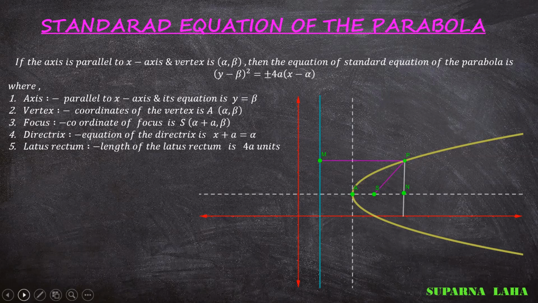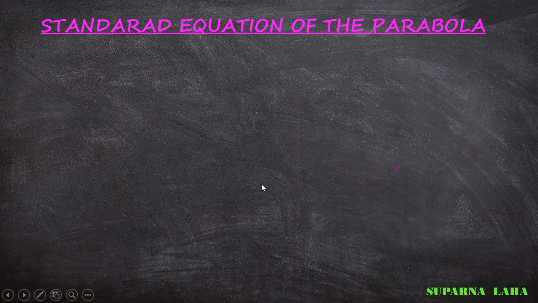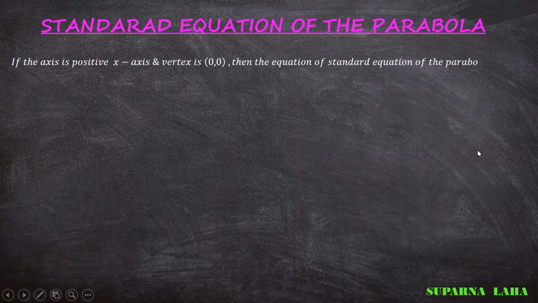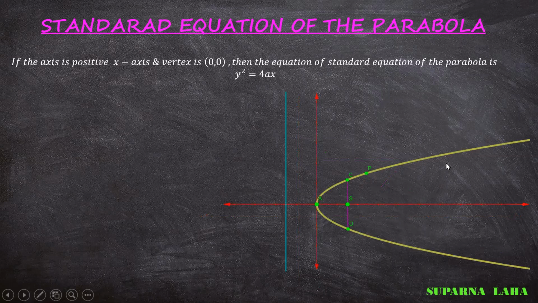Now moving to this particular equation, if the axis is the positive x-axis and the vertex is (0, 0), that is the origin, then the equation is y² = 4ax. That is the standard equation of the parabola, and the figure will look like that.